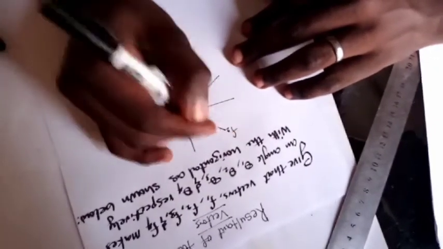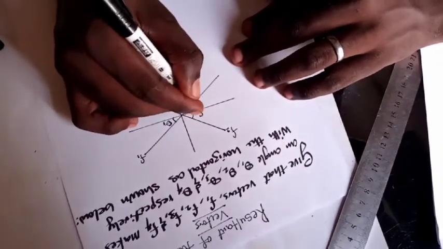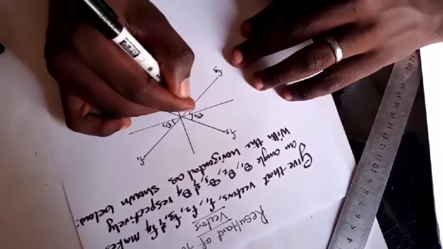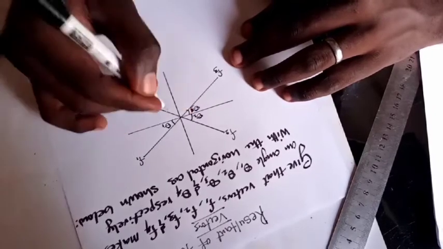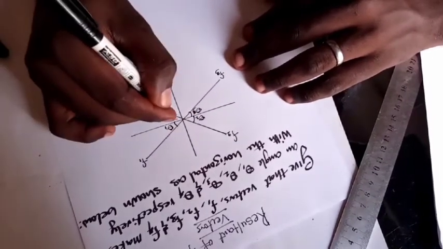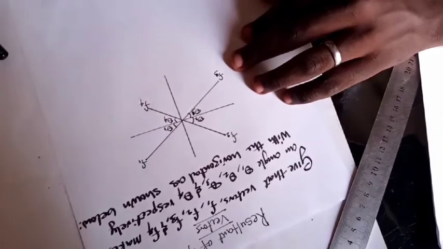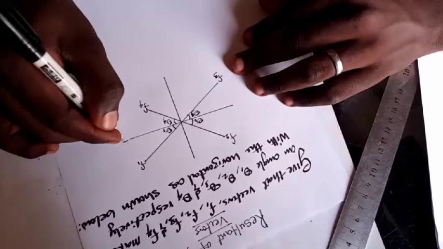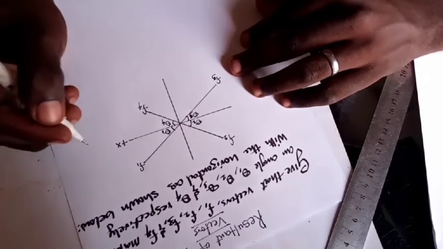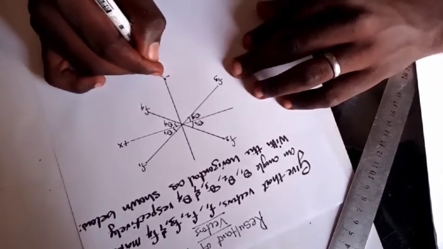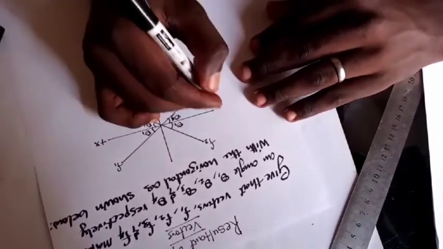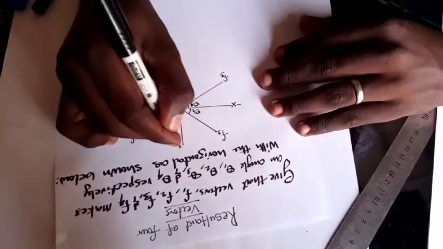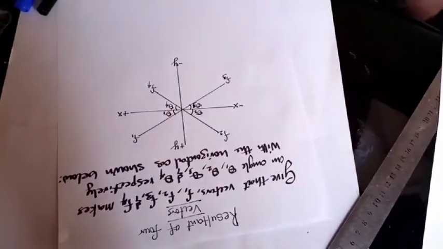This is f2 and we have another angle theta 2. This is f3 and I have an angle theta 3, and here is f4 and this is an angle theta 4. Remember, this particular side here happens to be the positive side of x. Here will be the negative side of y, and here will be the negative side of x, while here is the positive side of y.